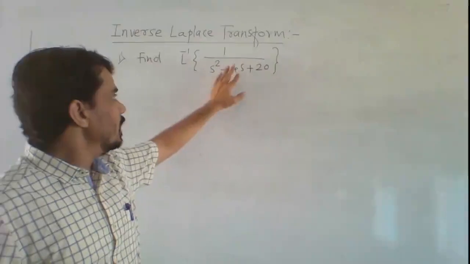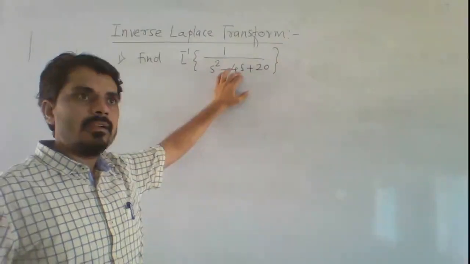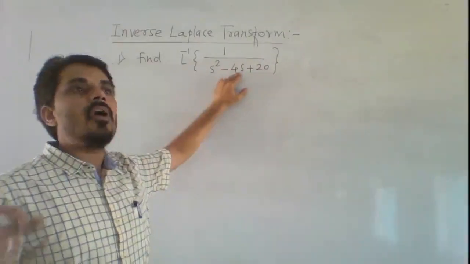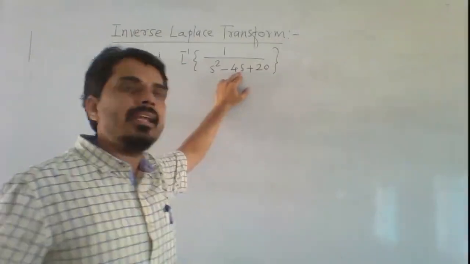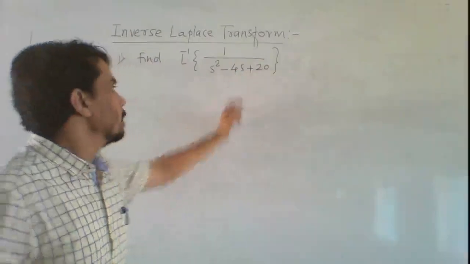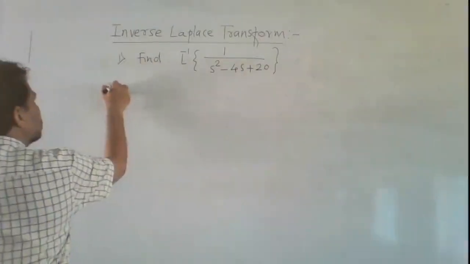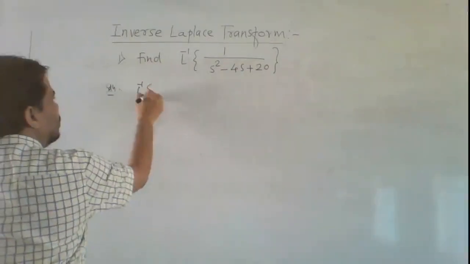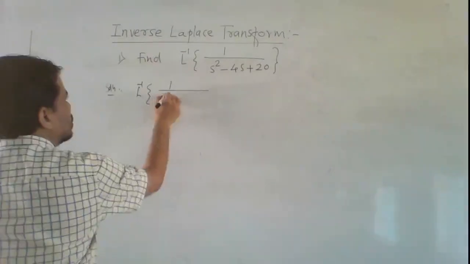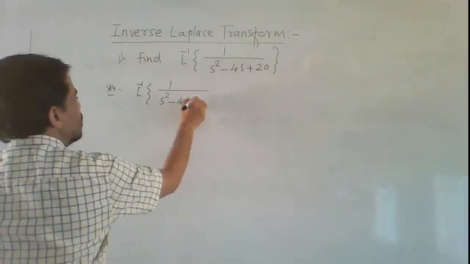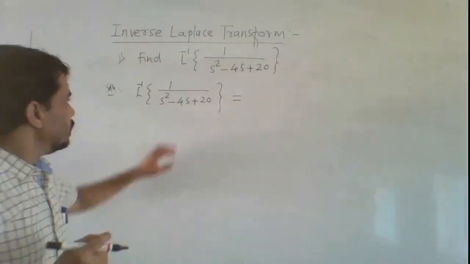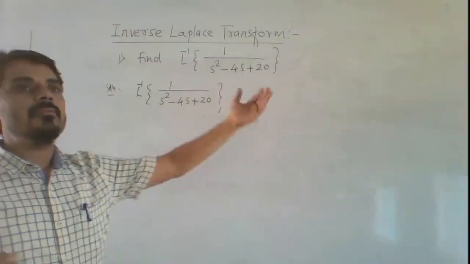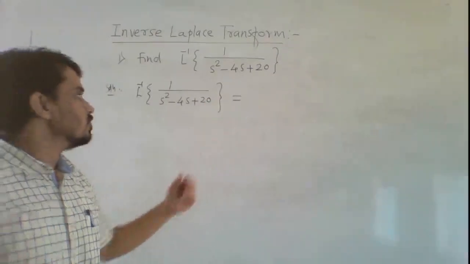So that formula will be used here, because in that formula, L inverse of 1 upon s square plus a square, the denominator contains the sum of two squares. So first express that denominator in the form of a sum or difference of two squares, completing the square, and then apply the standard formula. So the inverse Laplace transform of 1 upon s square minus 4s plus 20 is equal to: express the denominator in terms of a sum or difference of two complete squares.